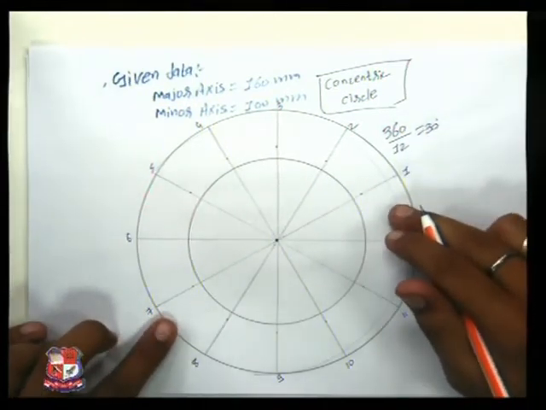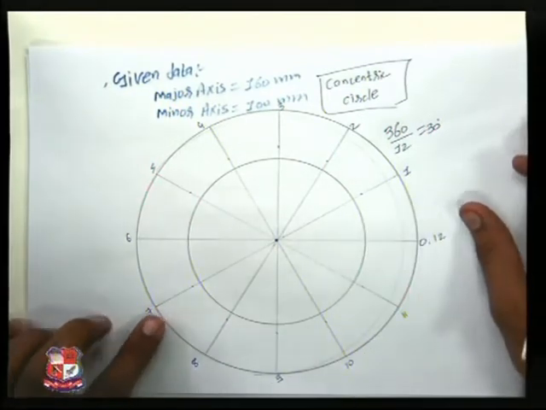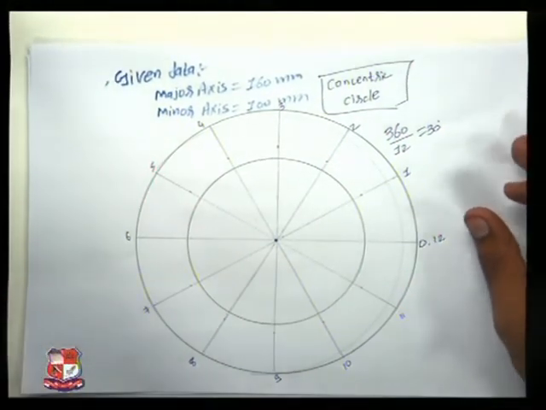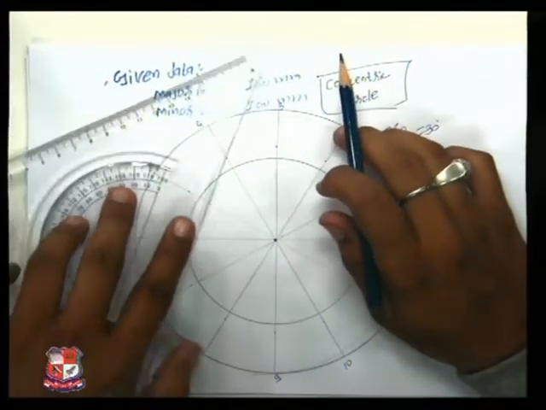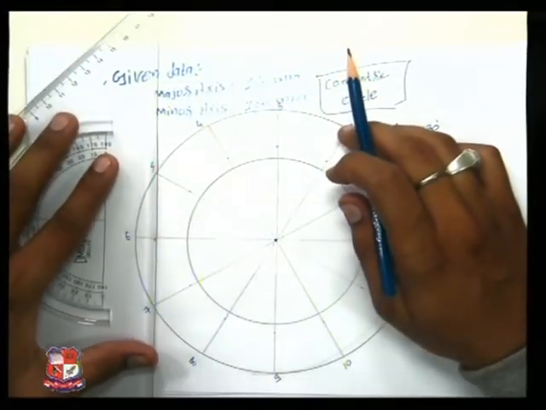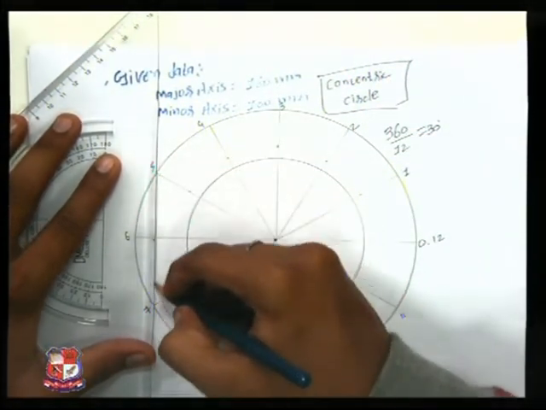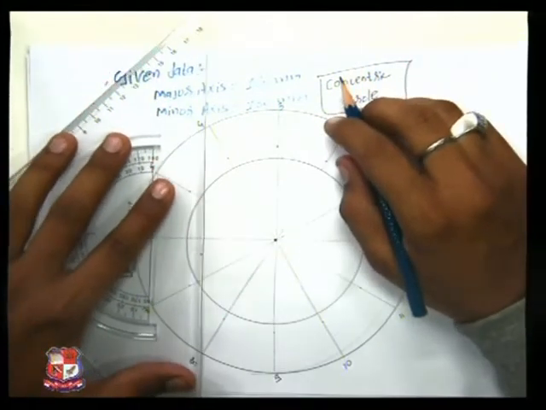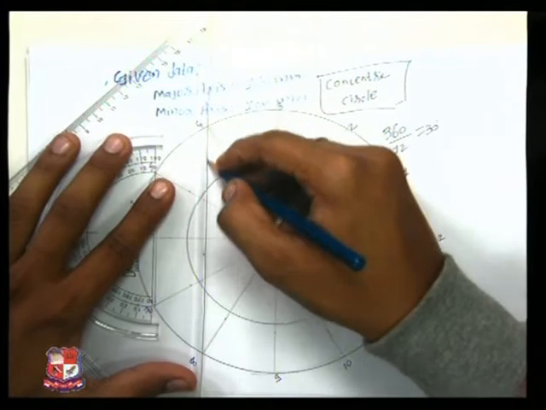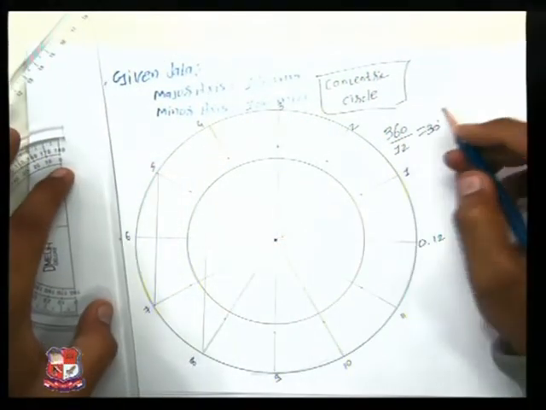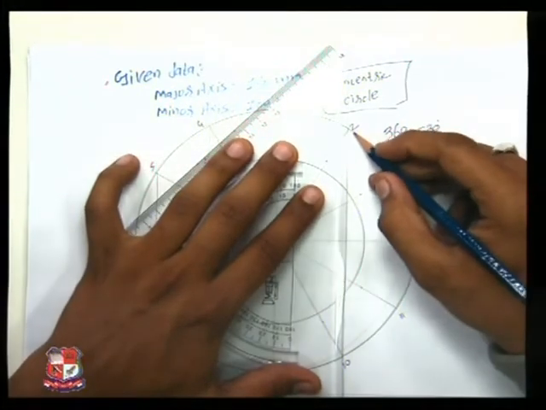Outer circle is our major axis circle, inner circle is our minor axis circle. So from the major axis circle we will draw vertical lines like this.